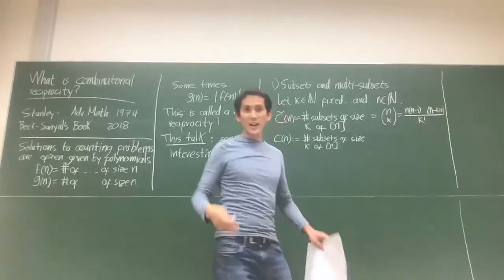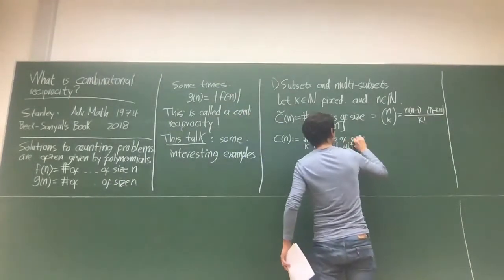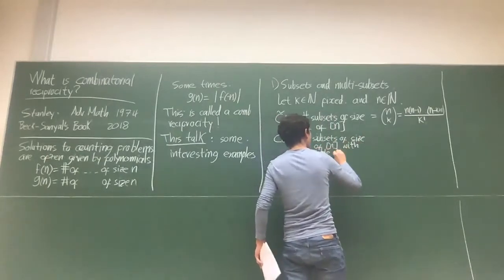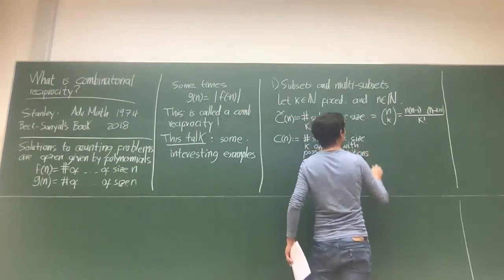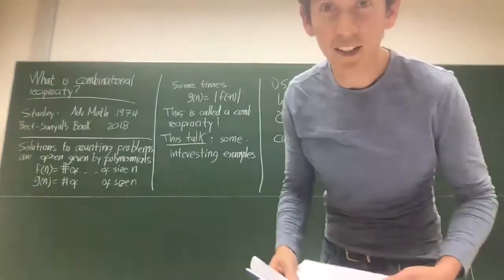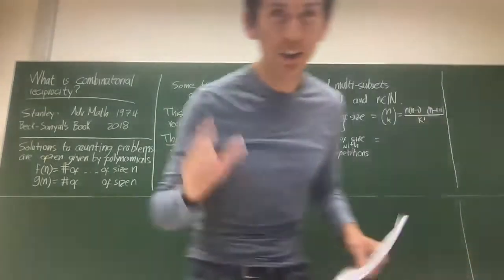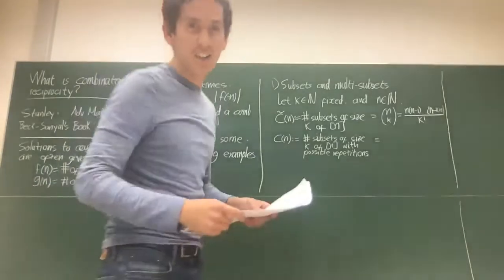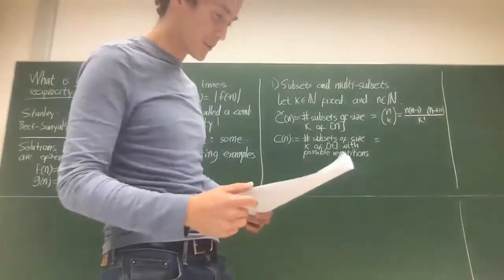Now I will allow repetitions. Please feel free to interrupt me anytime. You need to pay a lot of attention in my talk. I usually like to ask questions. So let's see, Matthias, what is this number? Give me a formula for this number.